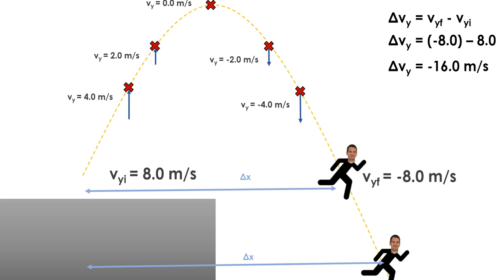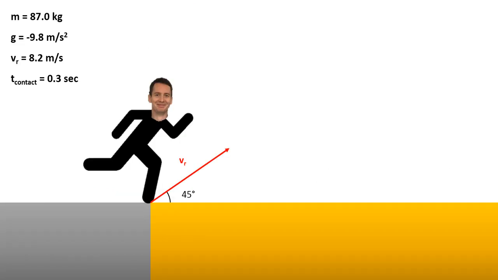So let's look at a specific example, one that I hope is familiar to you. I'm not going to give the answers to the data that you've been given for this assessment, but I will give you an example. We will work through an example which is very similar. You've been given the same starting information: the mass, the acceleration of gravity, the resultant velocity, and the contact time.